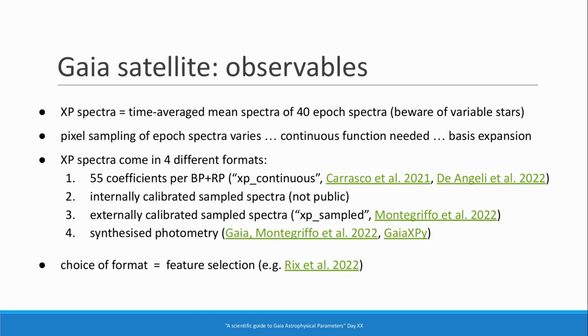You can use those to synthesize narrowband photometry, something like the SDSS photometry, the typical UBVRI photometry can all be synthesized from XP, and that's an alternative way of using the XP information. This can also be done using the Gaia XPy Python package. Again, that's a clickable link. If you want to know more about Gaia XPy, just click on it. It will take you to the website of Gaia XPy.